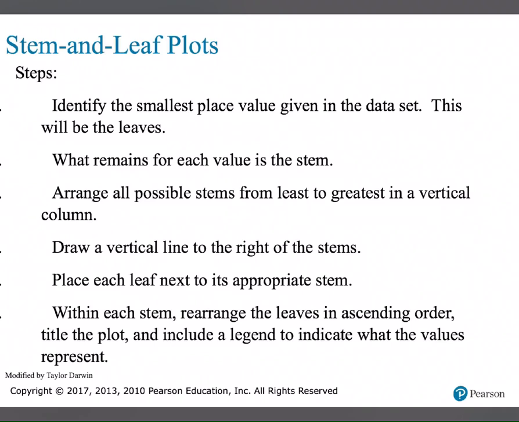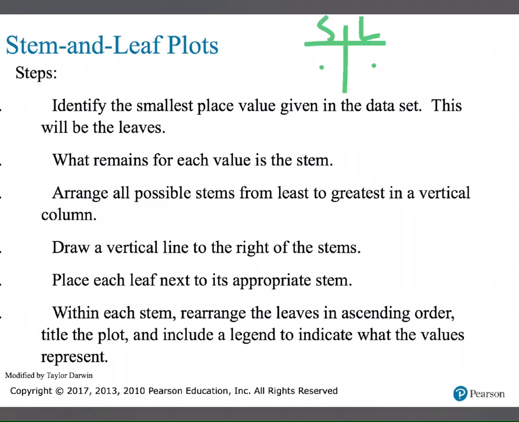Okay, so stem and leaf plots are the next thing that we're going to talk about, and they're fairly straightforward. There are some steps you want to use. It says to identify the smallest place value given, that will be the leaves. A stem and leaf looks like this.